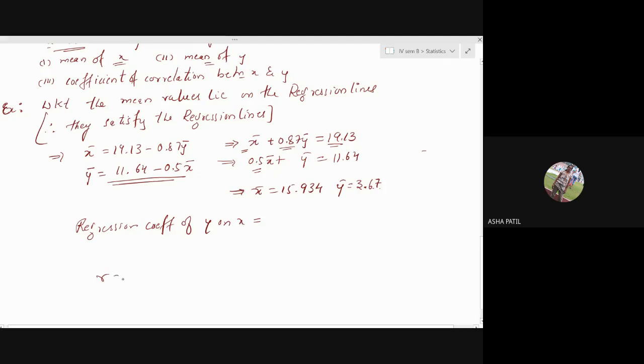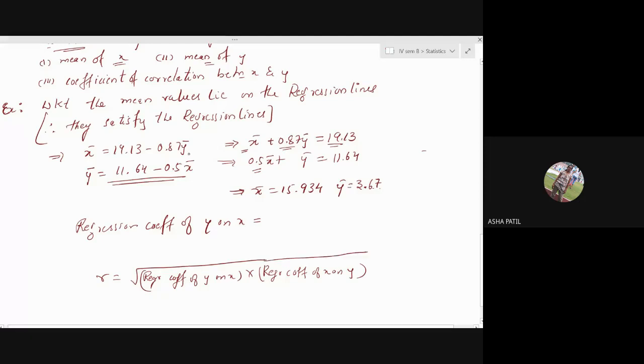Later, we'll write R is equal to under root the regression coefficient of y on x multiplied with the regression coefficient of x on y. So I just want the values from the equations.